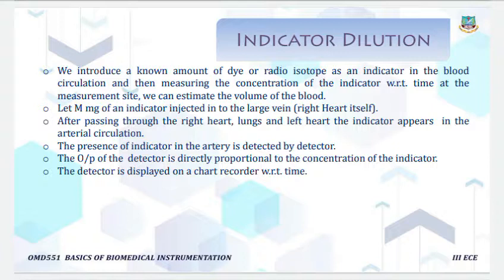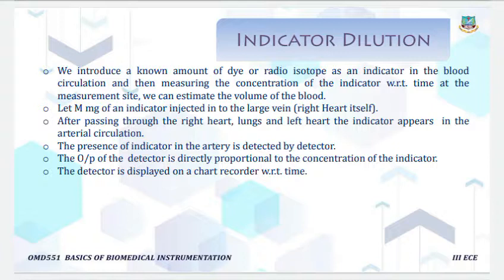First, we use dye or radioisotope as an indicator in the blood circulation. Then we measure the concentration of the indicator with respect to time at the measurement site. m mg of indicator is injected into the large vein.